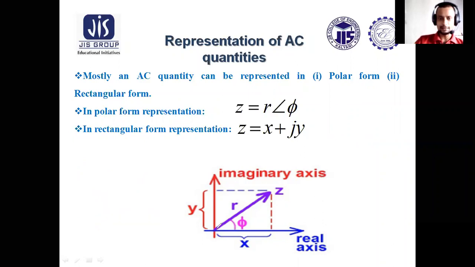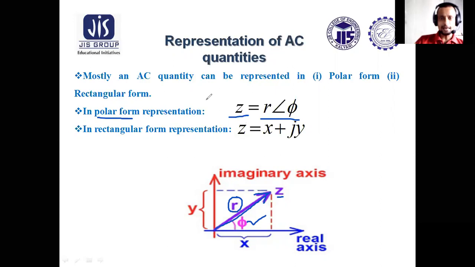Here we have represented an AC quantity by this phasor. This is denoted by Z. Now this Z phasor has one magnitude, that is R, and it is making an angle of phi with the reference. So what can we write? Z equals R angle phi. This form of representation is known as polar form.